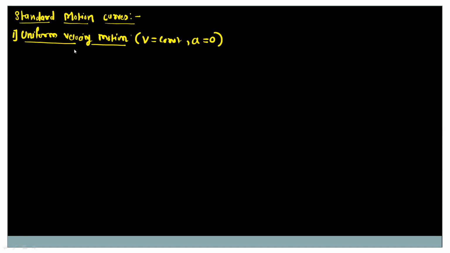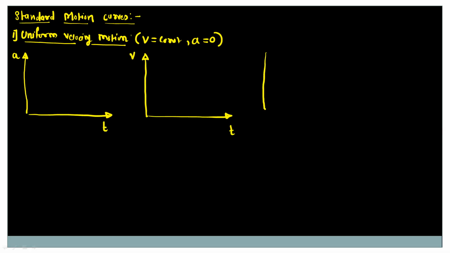So we will see if the velocity is constant, what is the nature of AT graph, then VT graph, and the XT graph.